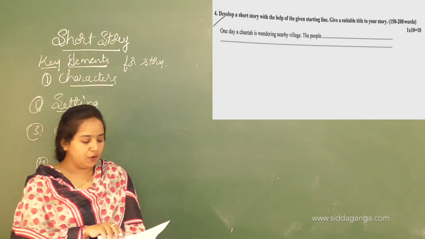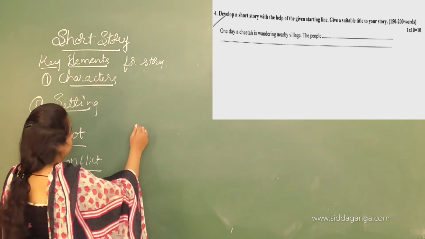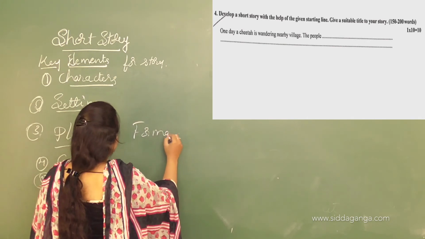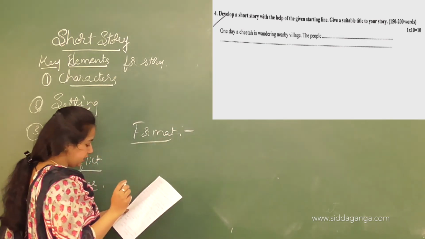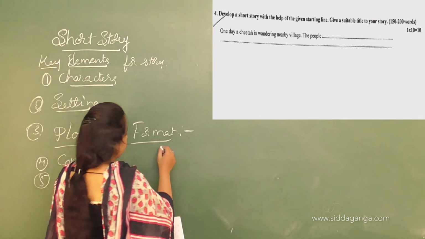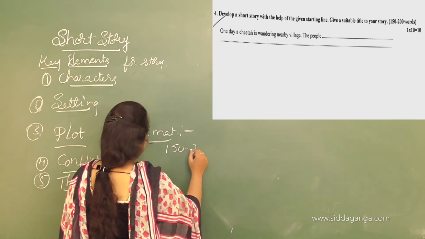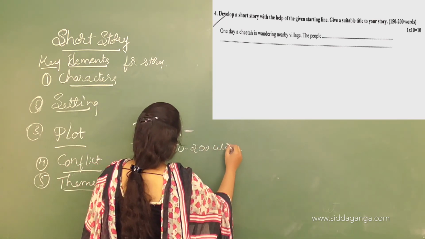And let's talk about the format of story writing. You will get a word limit, that is 150 to 200 words.